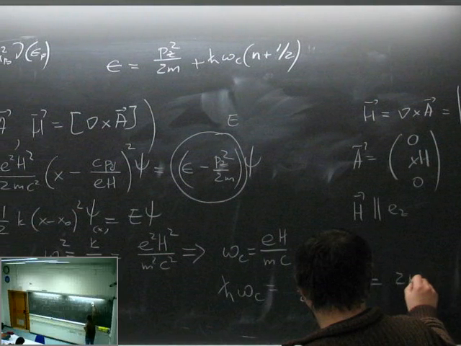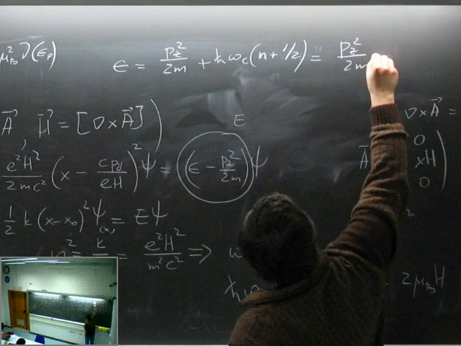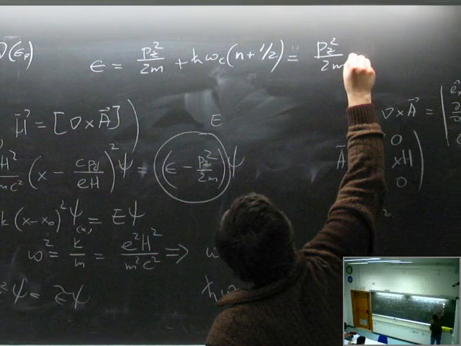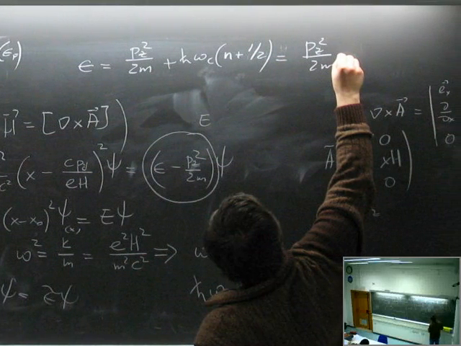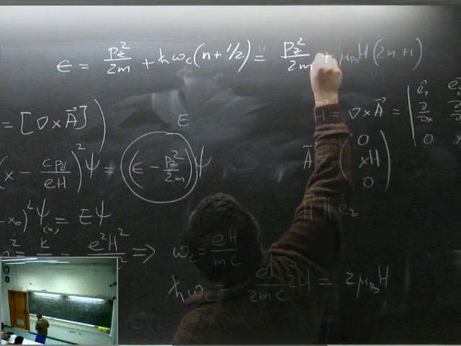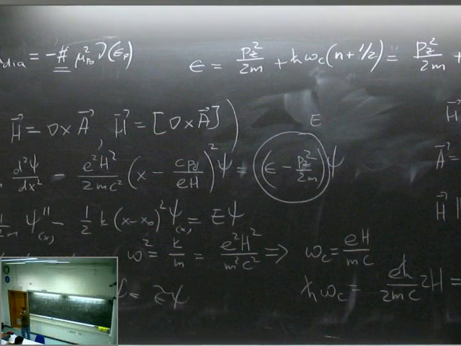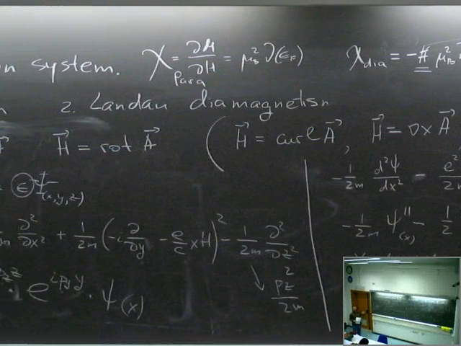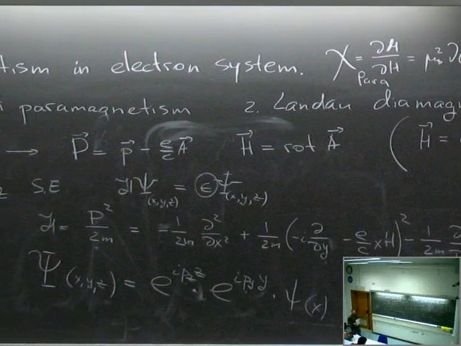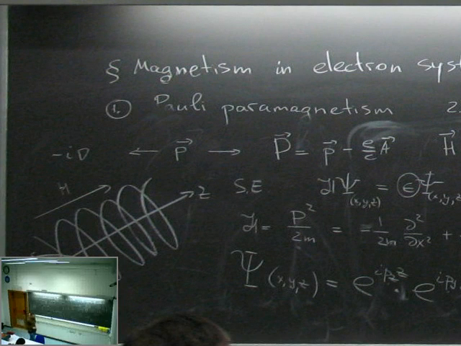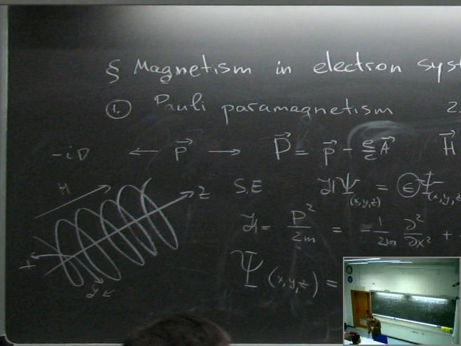So this is the same as p_z squared over 2m plus mu_Bohr H (2n plus 1). And as I said, I disregard all spin effects for the moment because spin will only shift the energy levels and nothing else. It will not change the quantization of the energies, and quantization is the main important effect I'm going to take into account.